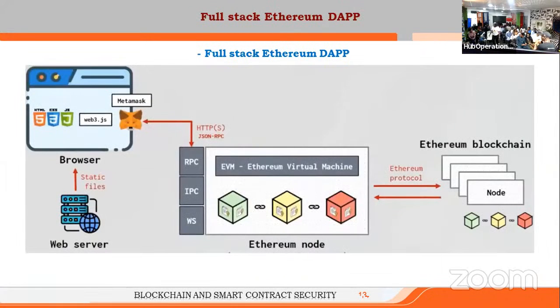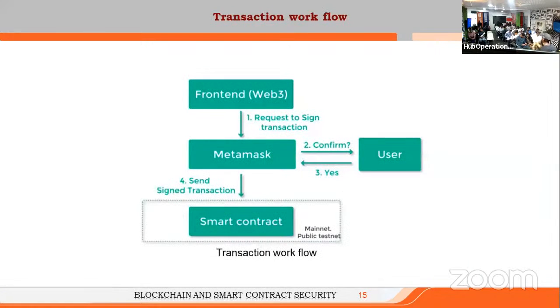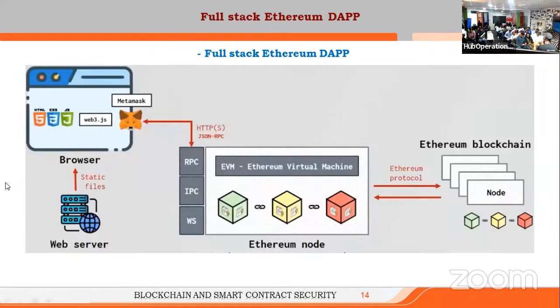This is the architecture of dApps, decentralized applications. The front end is HTML, CSS, JavaScript, like a traditional application, but the back end is the Ethereum blockchain or Solana. You can use whatever blockchain network you want. When you want to buy something, the browser gets a static file from the web server.